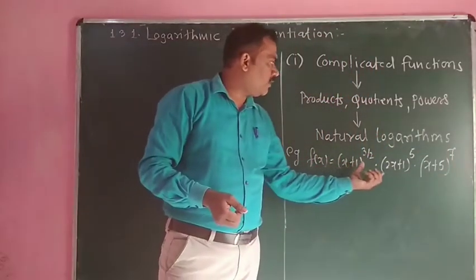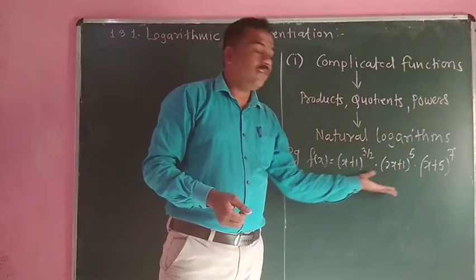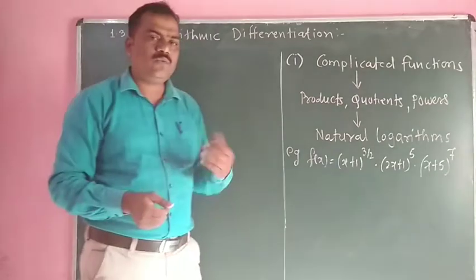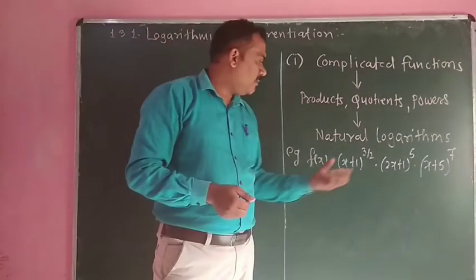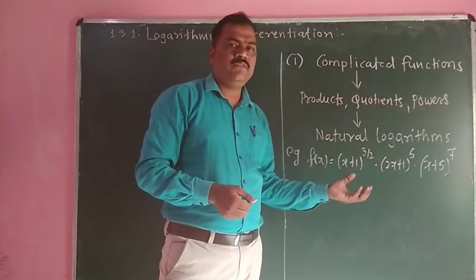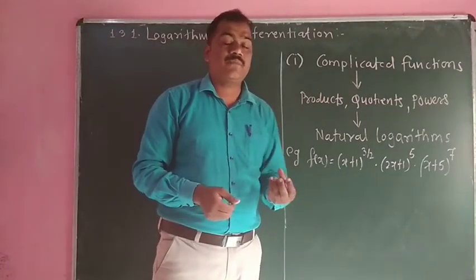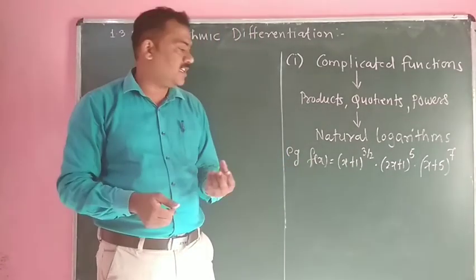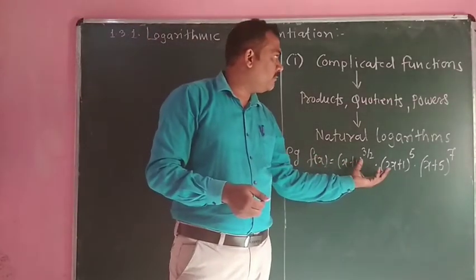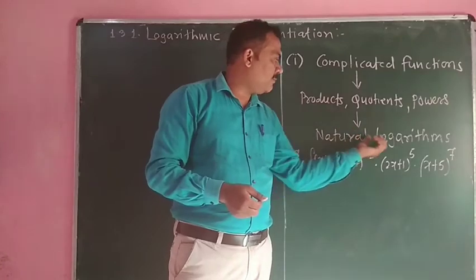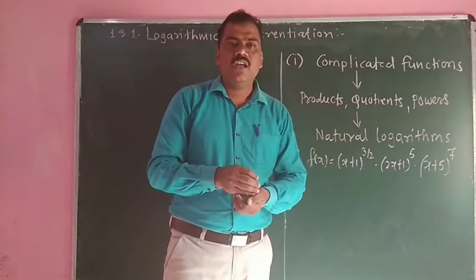We are given the product of a number of functions, so we have to simplify this function. If we apply the direct differentiation by using the product rule, it is very difficult, or it takes more time to get that answer. So we simplify by taking the log on both sides with the base e, that is, by taking the natural logarithms on both sides.